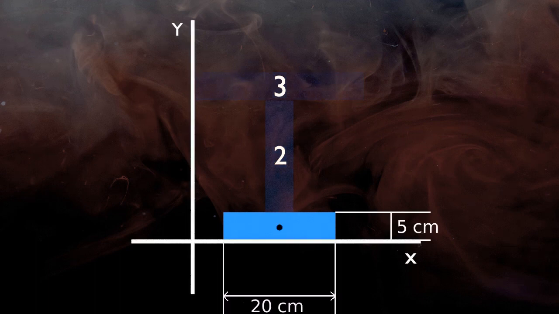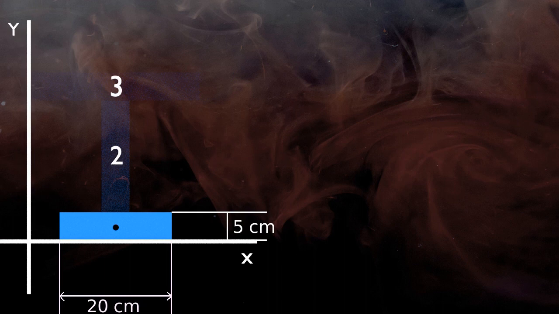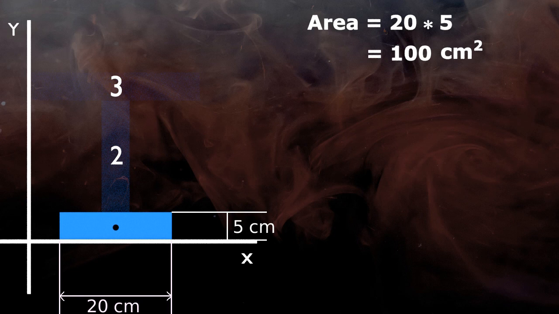Locate centroid and dimensions of rectangle number 1. Okay, so area of rectangle 1 is 20 cm multiplied by 5 cm, that is 100 cm square. The most important step is to find out x and y coordinates of individual shapes. If you know how to find it correctly, the problem of centroid is just a piece of cake.